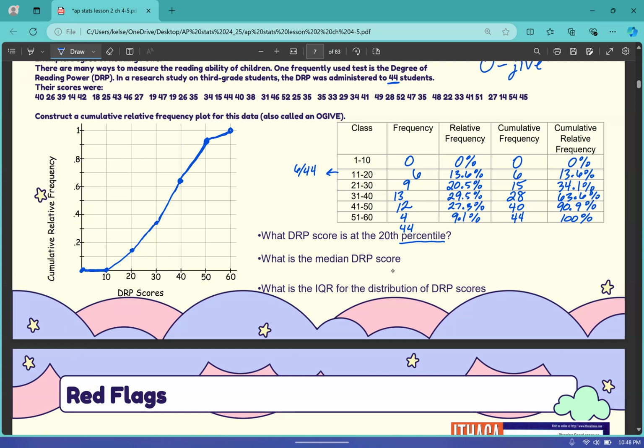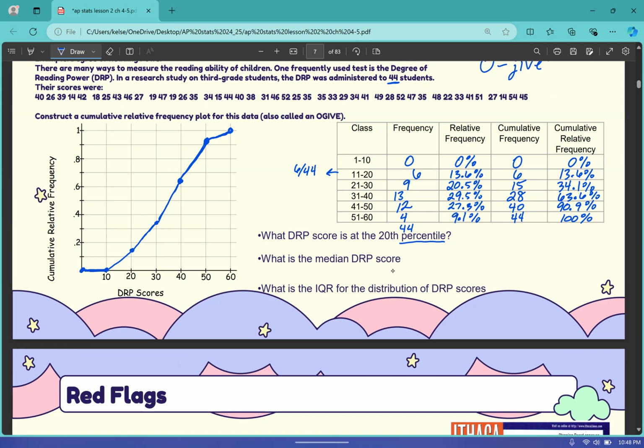The 20th percentile means you scored higher than about 20% of everybody else, so basically 20% is below you. When you're thinking percentiles, think below. So 20% of people would be below that score.